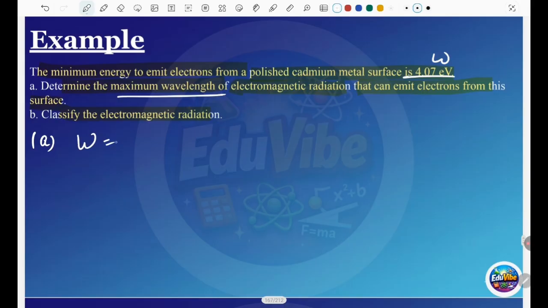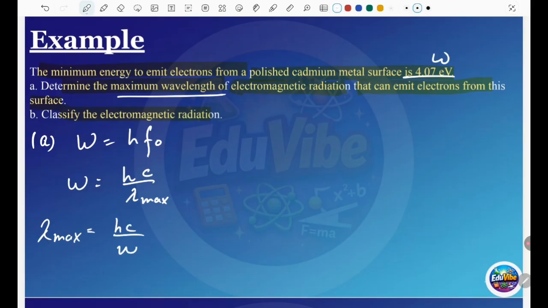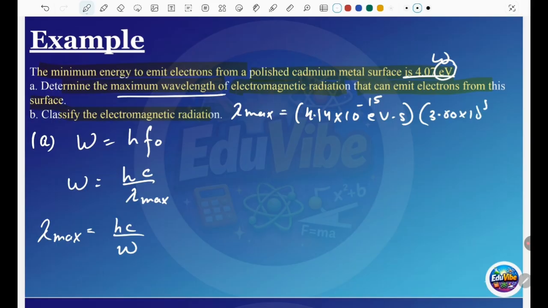You know that W is equal to h times the threshold frequency. The threshold frequency is c upon wavelength max. So you have to find the wavelength max, which is equal to hc upon W. Your W is in eV, so your h value you can take in eV·s, and that will cancel this. c is always the same.